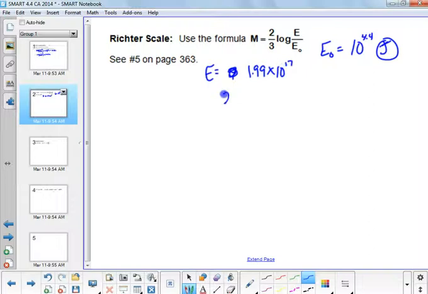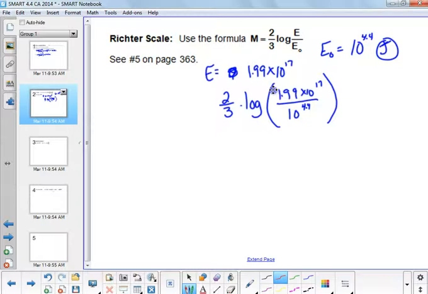Using my formula, 2/3 times the logarithm of 1.99 times 10 to the 17th over 10 to the 4.4 power. When you type this in the calculator, you don't actually need parentheses here, but some people like to get in the habit of grouping numerators and denominators. Just carefully type this.